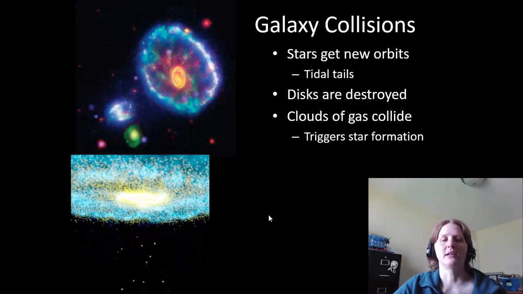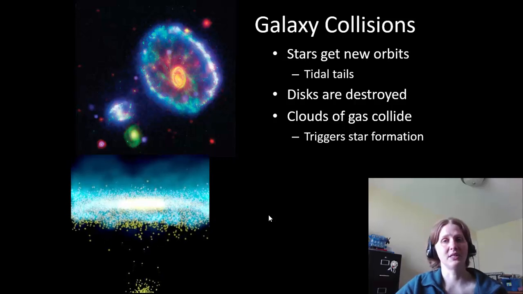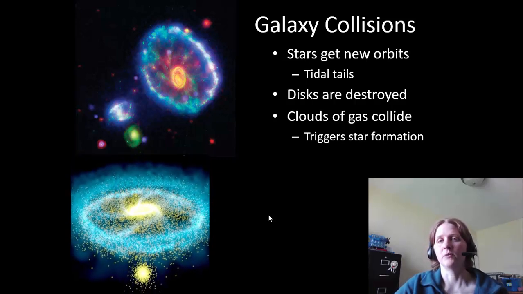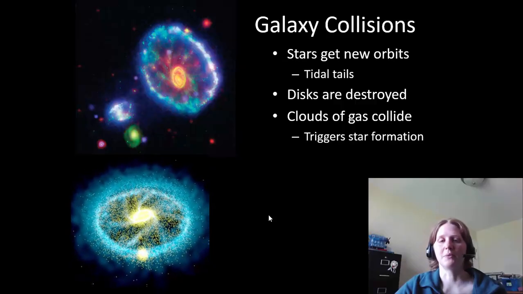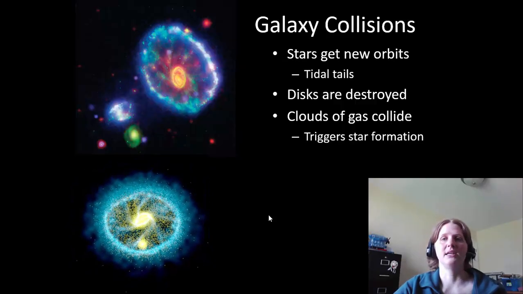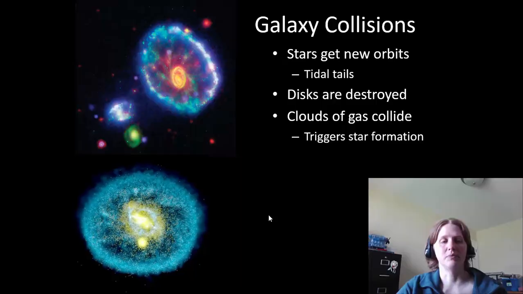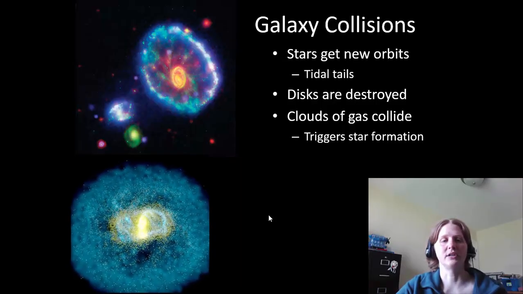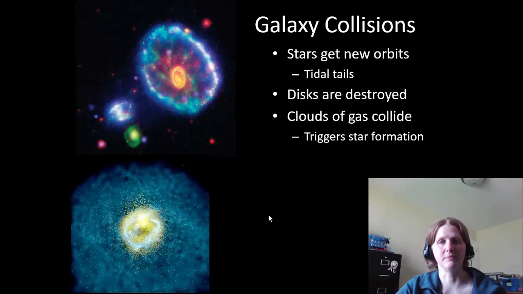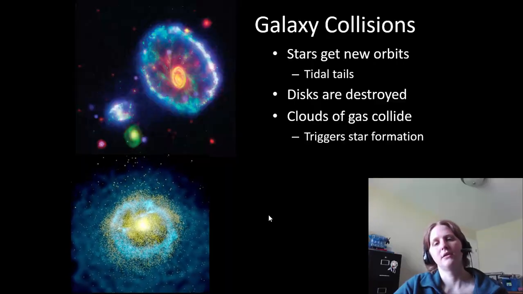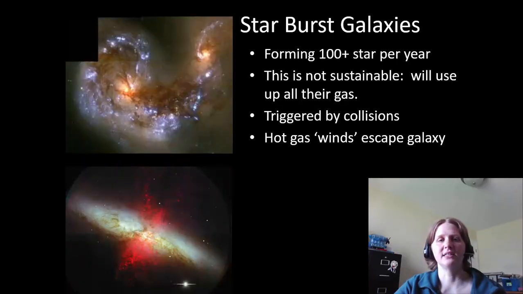So, in a galaxy collision, you're going to disrupt the galaxies. If it was a spiral, that disk is probably going to get destroyed. Any gas or dust might end up doing star formation. When galaxies interact with each other, the nebulas will often start forming stars at a prodigious rate.